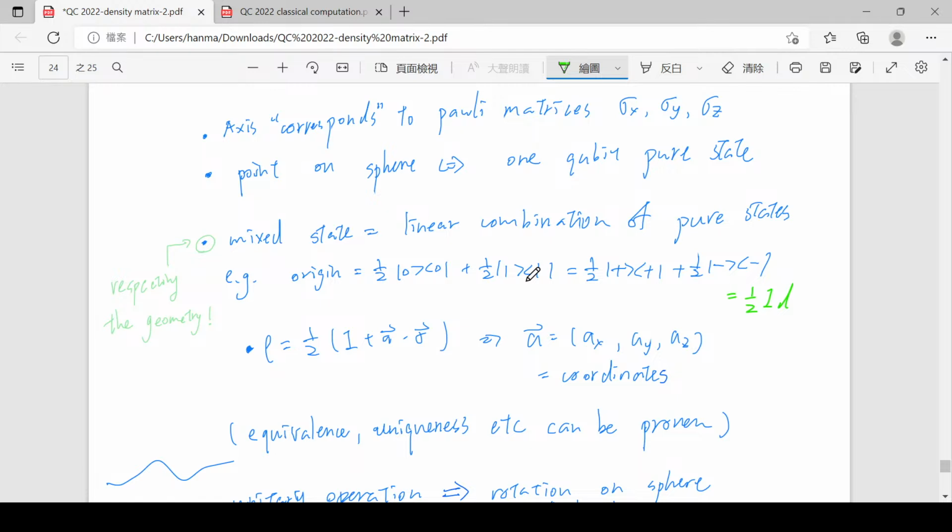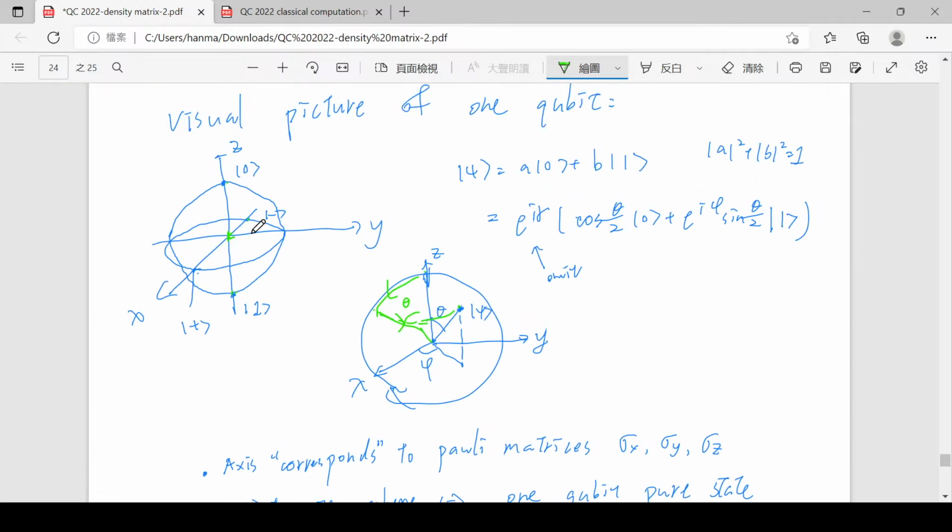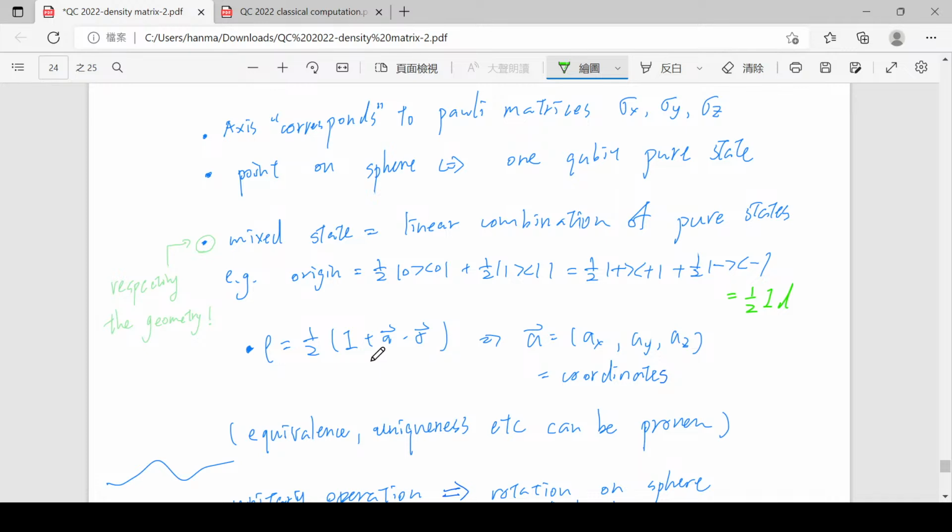And more generally, you can derive that every mixed or pure state rho on the sphere corresponds to the density matrix 1/2 identity plus A dot sigma.